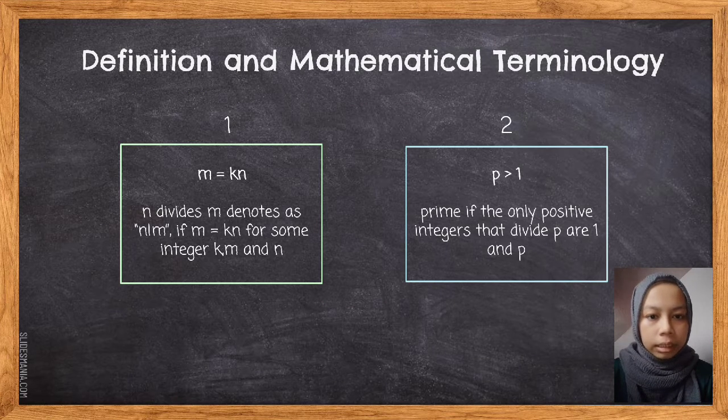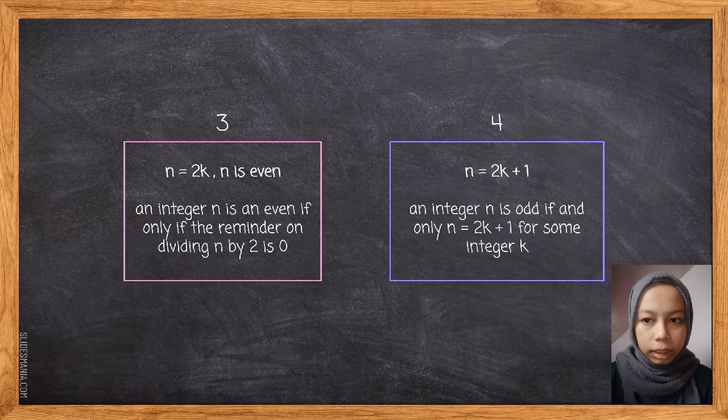Definitions and mathematical terminology. Number 1, M equals Kn, and n divides M, denoted n | M, if M equals Kn for some integers K, M, and N. Number 2, P greater than 1 is prime if the only positive integers that divide P are 1 and P. Number 3, N equals 2K when N is even.